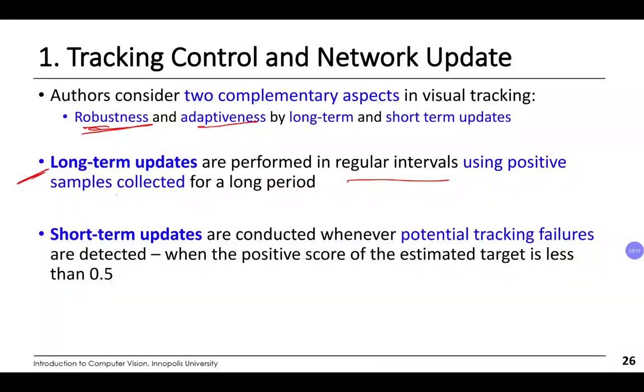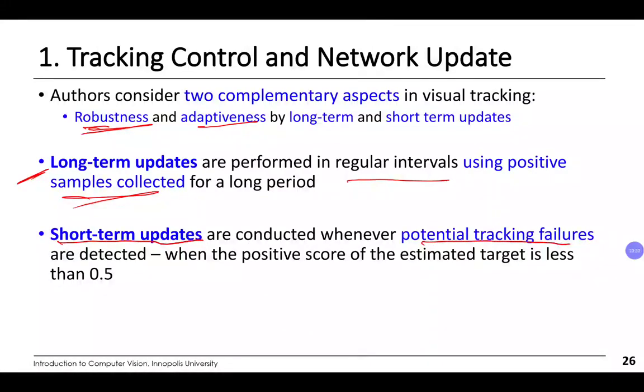So they collect the positive samples, and then they update their network with this regular network update. And the second one is short-term updates. Short-term updates are conducted whenever potential tracking failures are detected.